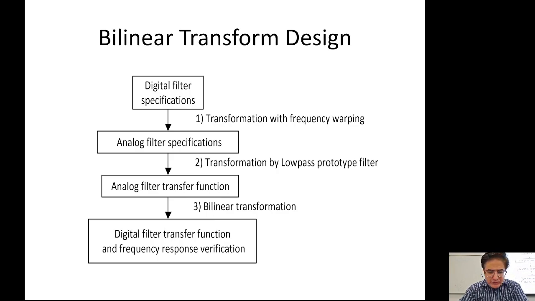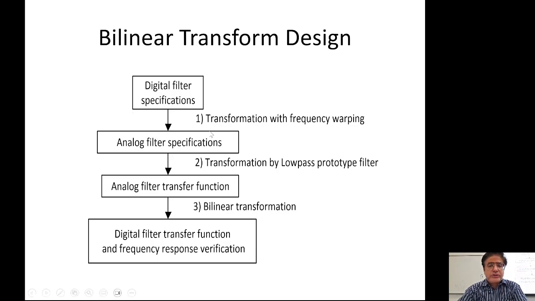So we came up with this bilinear transformation design method, which uses the stuff that we have for the analog filter design and converts that to the digital filter design. Right? And how do we do that? We start with the design specifications for a digital filter, right?